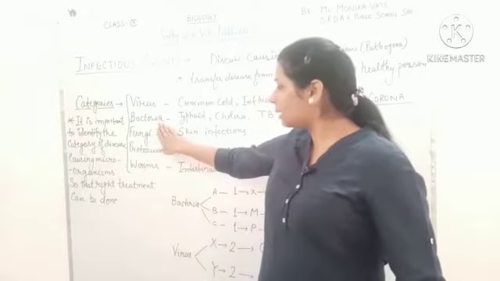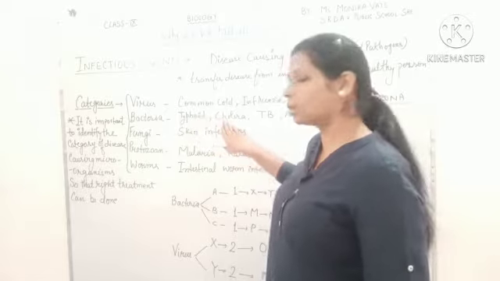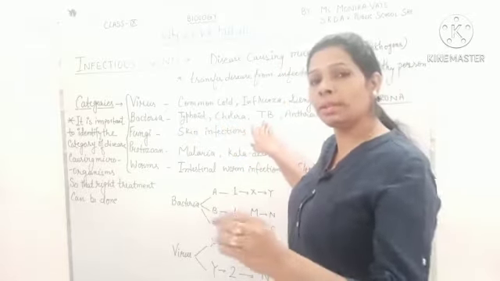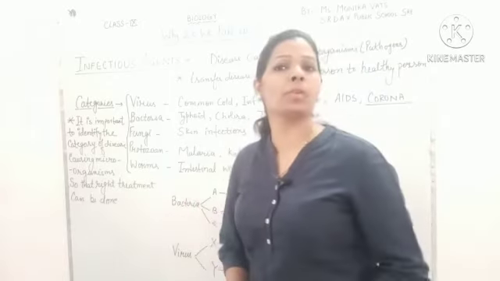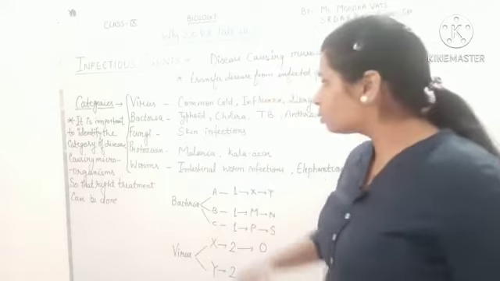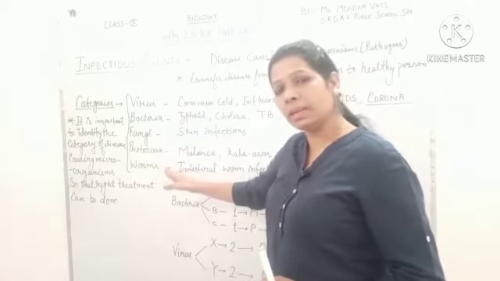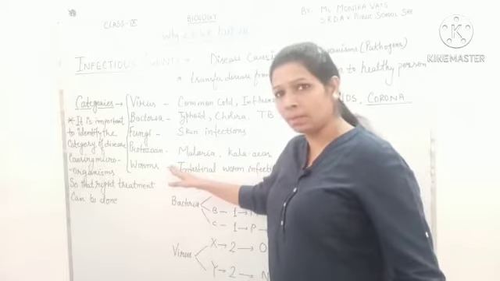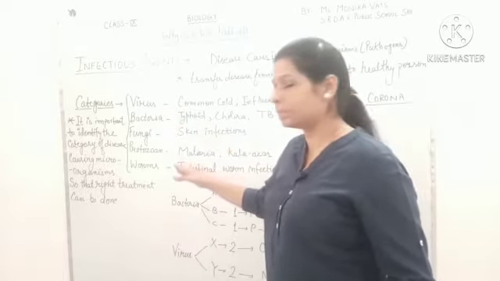So bacteria causing typhoid, cholera, tuberculosis, all these bacteria carry one biochemical pathway, that is the formation of their cell wall. So now I think you understand why it is important to identify the category, so that the right kind of treatment can be given against different microorganisms.